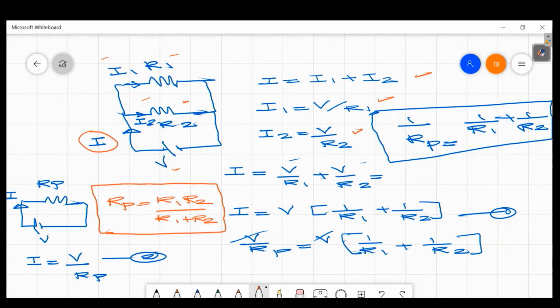Comparing these two, V can be taken outside. Then I is equal to V into 1 by R1 plus 1 by R2, that is V by Rp is equal to V into 1 by R1 plus 1 by R2, and V gets cancelled. Then finally 1 by Rp is equal to 1 by R1 plus 1 by R2.